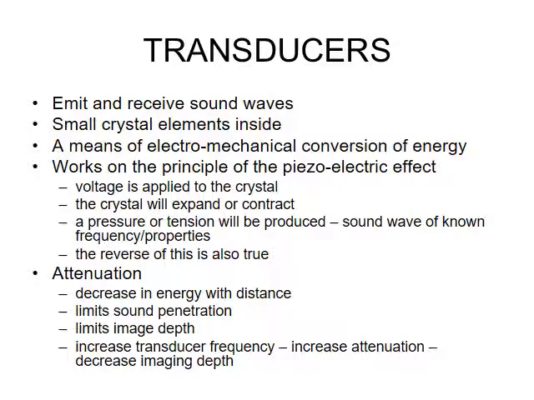The reflected part is great, because that goes back to our transducer as the echo, and it gets detected. That which is scattered off in all different directions gets lost, and that which is absorbed by the tissue gets lost also.